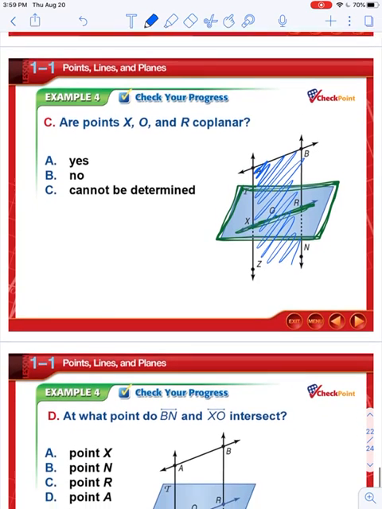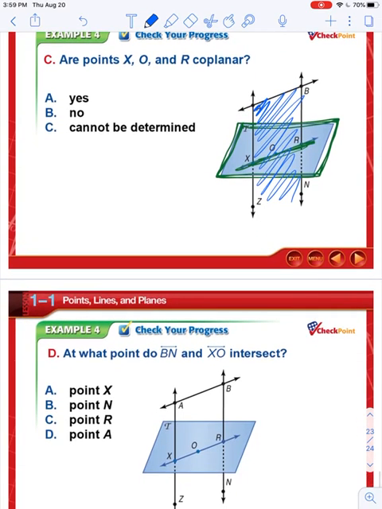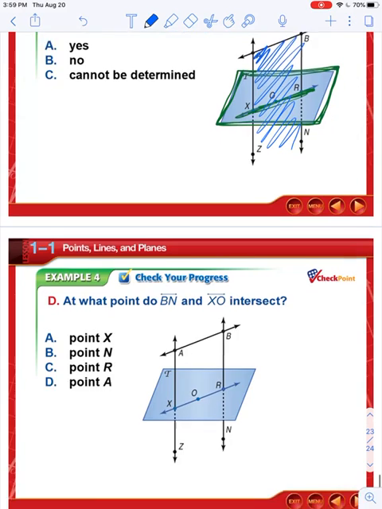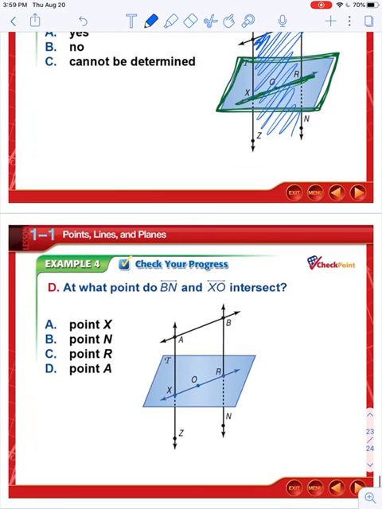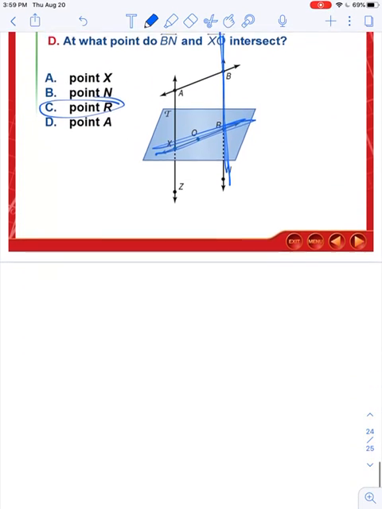Okay? So yes, they are coplanar, but can't be used to name. And then when can these intersect? BN would intersect XO at point R.